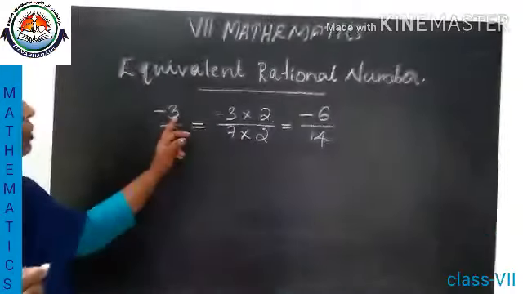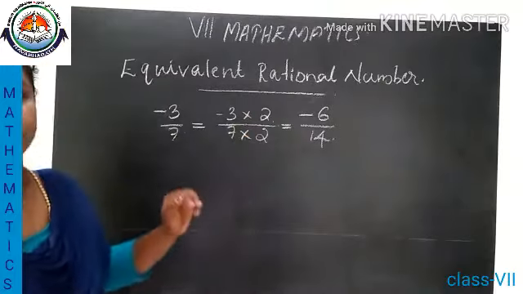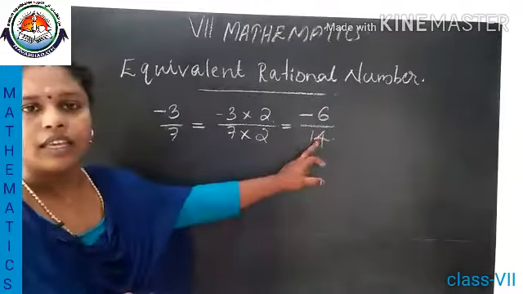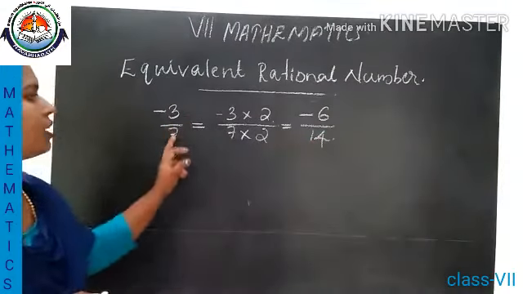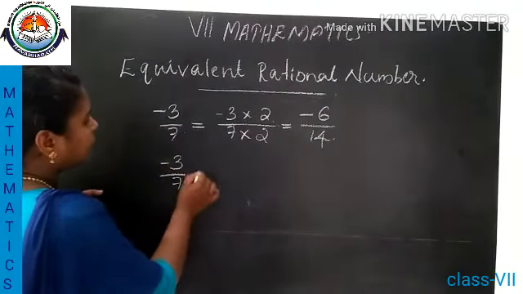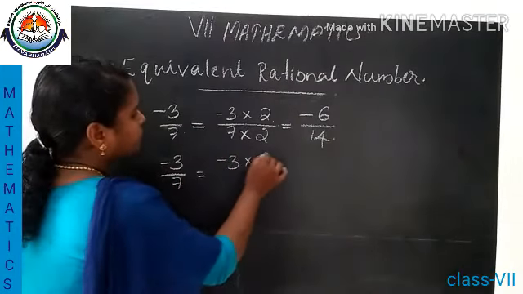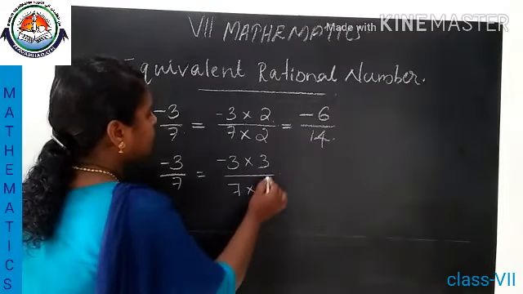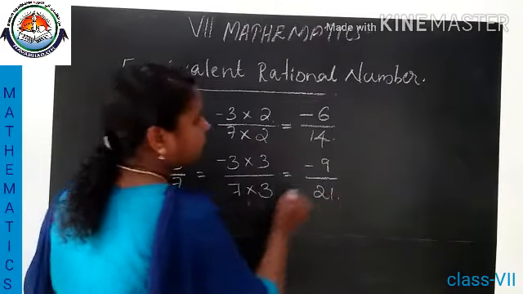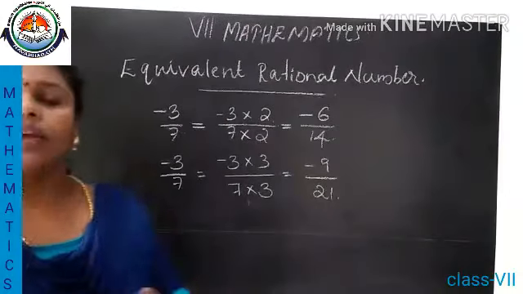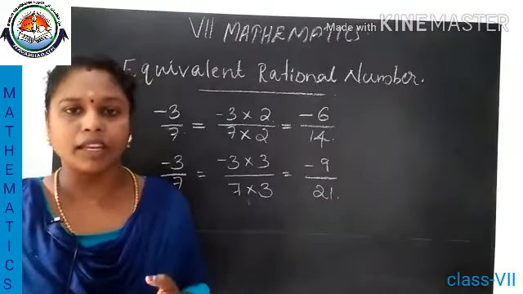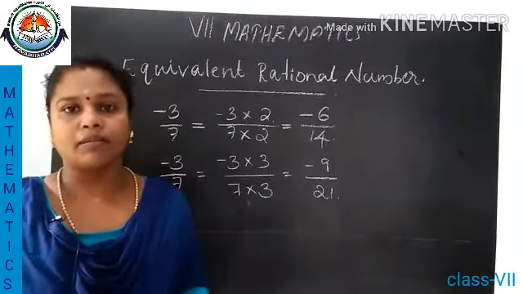Here we have multiplied the numerator and denominator by 2. So I got the first equivalent rational number for negative 3 by 7. Then if I multiply negative 3 by 7 by 3, I will get the next equivalent rational number, that is negative 9 by 21. So to get equivalent rational numbers, we need to multiply the numerator and denominator by the same number.